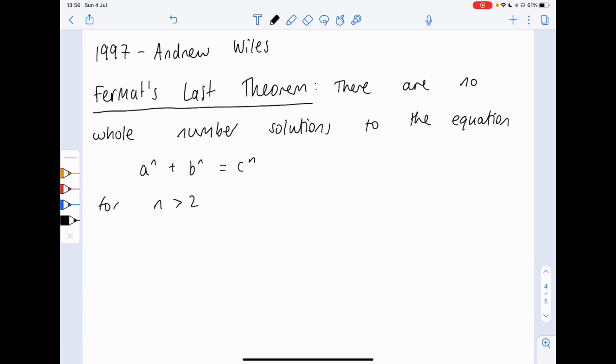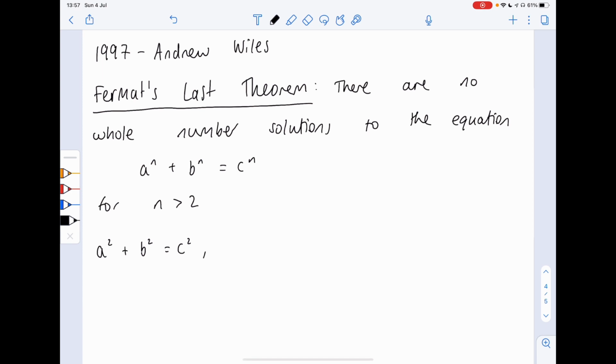So maybe this looks a bit complicated in this form, but if we think about first what happens when n is 2, this is the equation a squared plus b squared equals c squared, right? Which is quite familiar. This is Pythagoras' theorem for right-angled triangles.